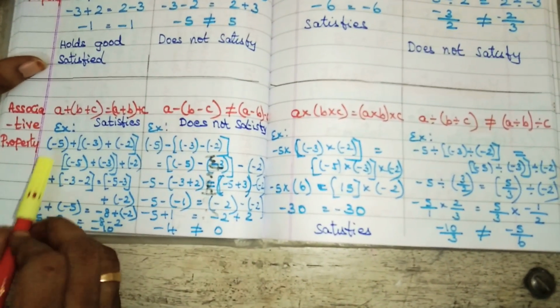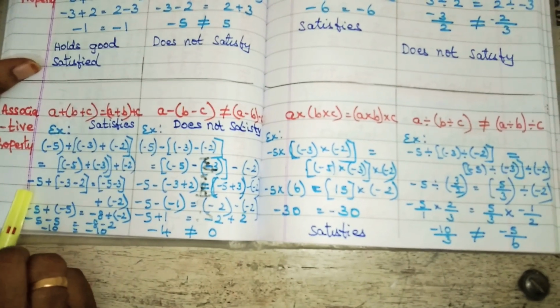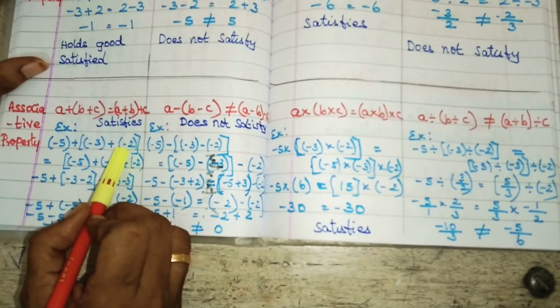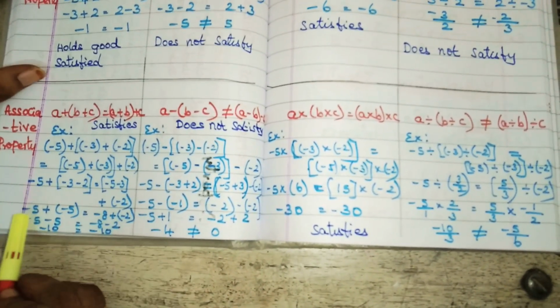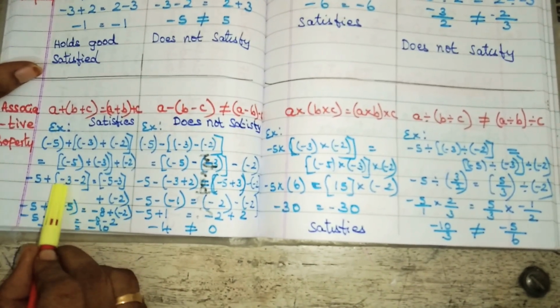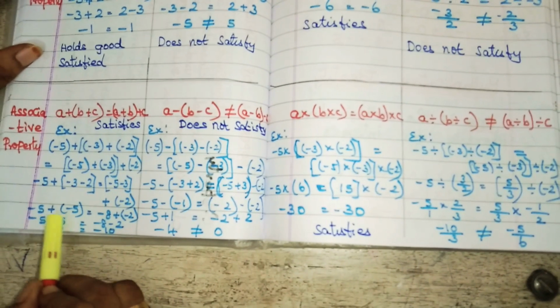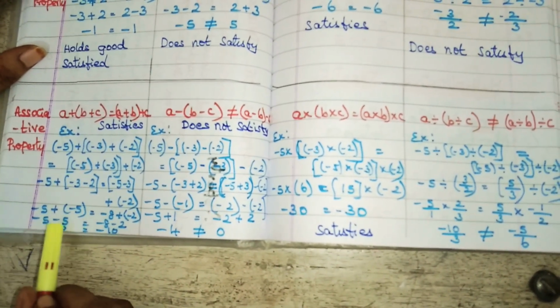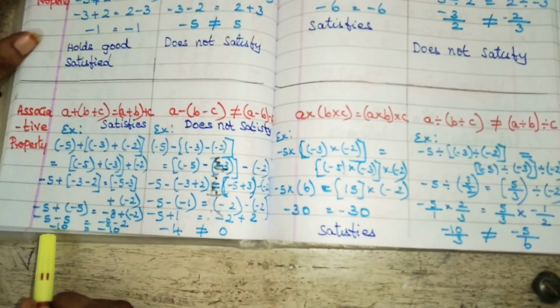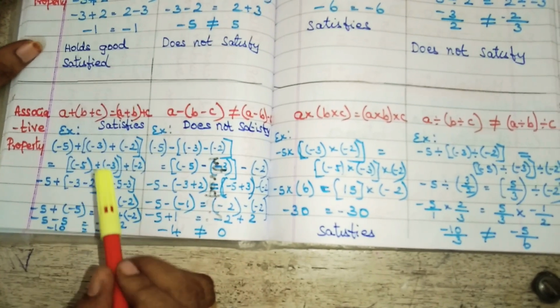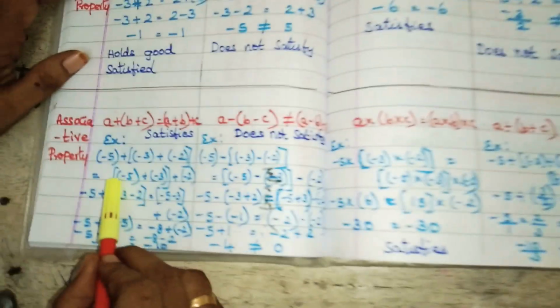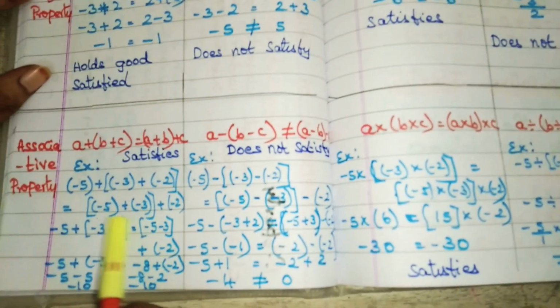Now when I simplify, I will have minus 5 as it is, minus 3 plus into minus, minus 2. So minus 5, again two numbers having the same sign, add and put the same sign, so minus 5. Plus into minus, minus. So minus 5 minus 5, again you are going to get minus 10. Now going on to the RHS, I will simplify the big brackets first.